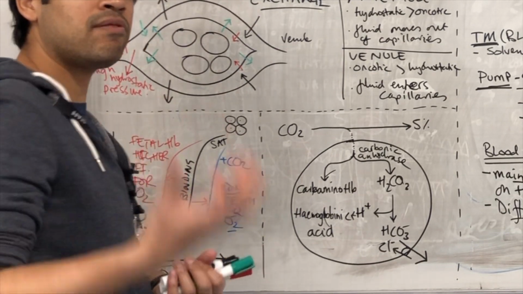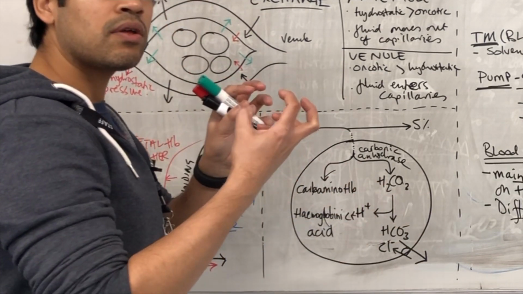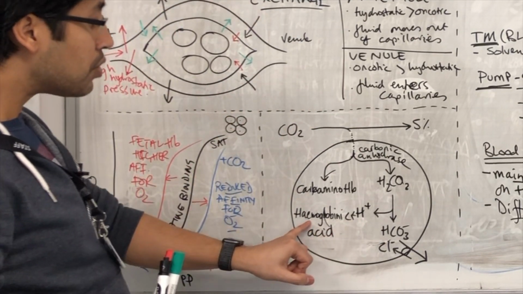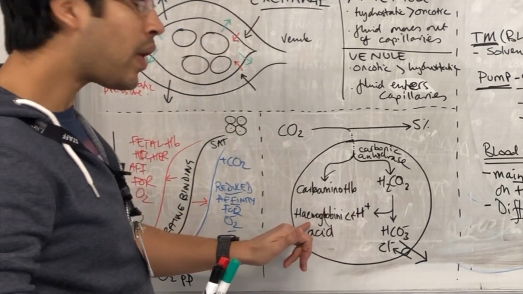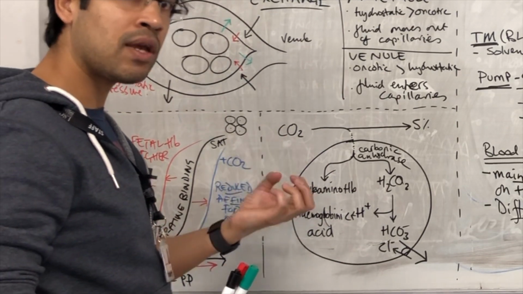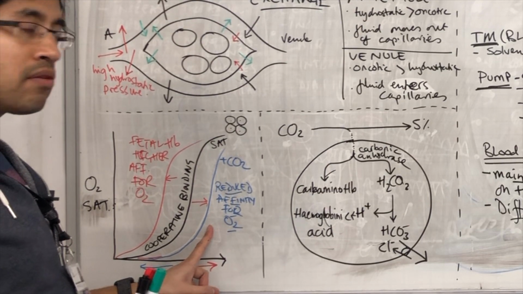We know that the effect of pH on proteins is to alter the tertiary structure, and the attachment of these protons to the hemoglobin would change its tertiary structure in a way that affects its ability to bind oxygen. And that's where we come back to that curve that we discussed.